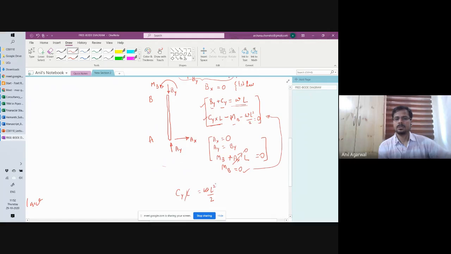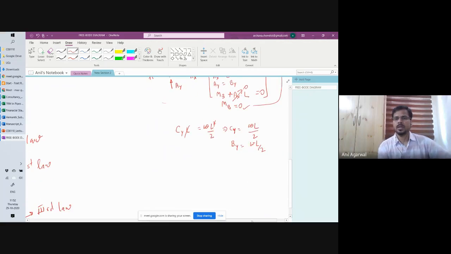That means CY is equal to WL by 2. BY will be equal to, CY is known here, WL minus WL by 2, which is WL by 2. And the same will be your AY, because here we saw AY was equal to BY.